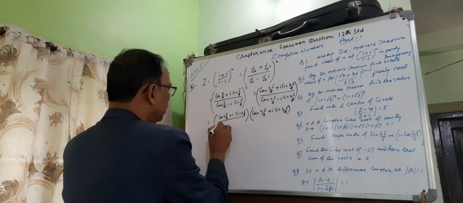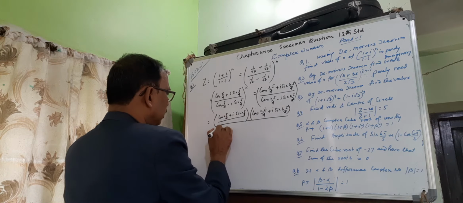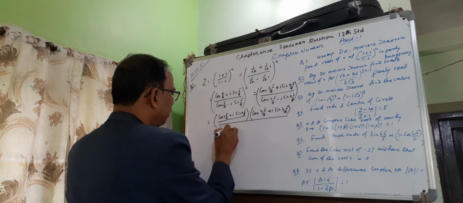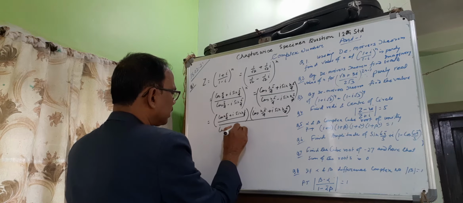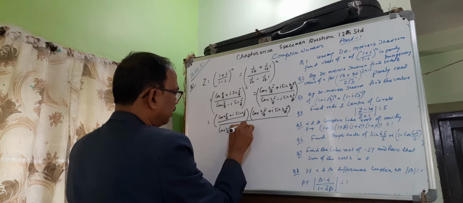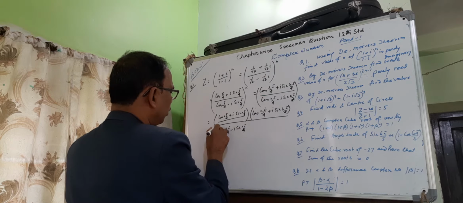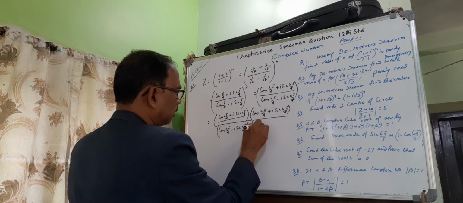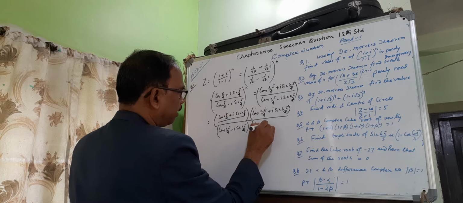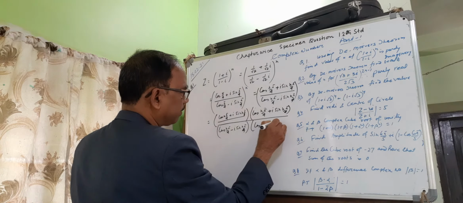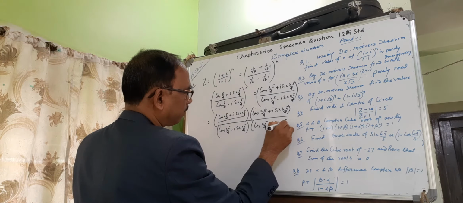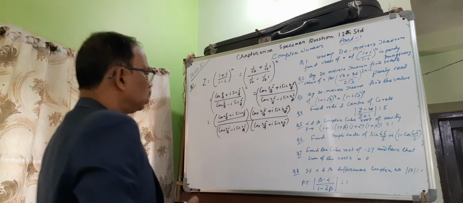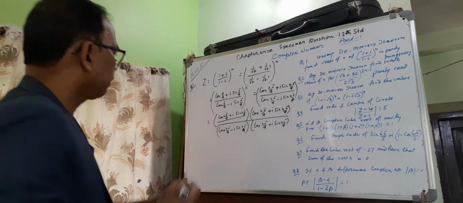Multiplying numerator and denominator by cos n pi by 4 plus i sin n pi by 4, the numerator is a whole square.